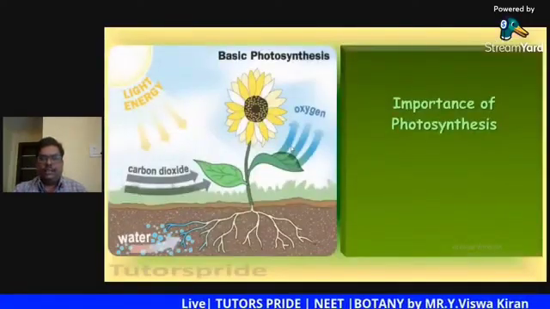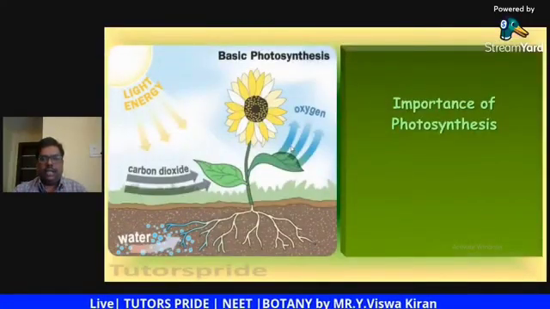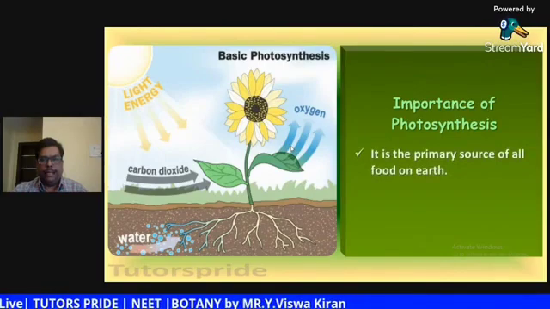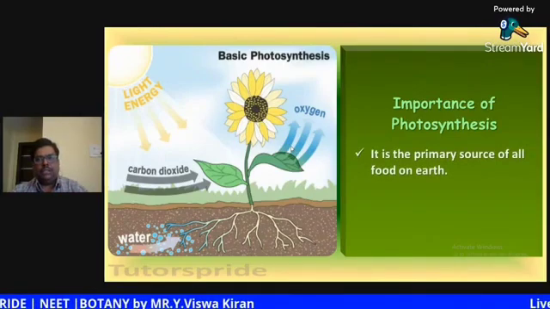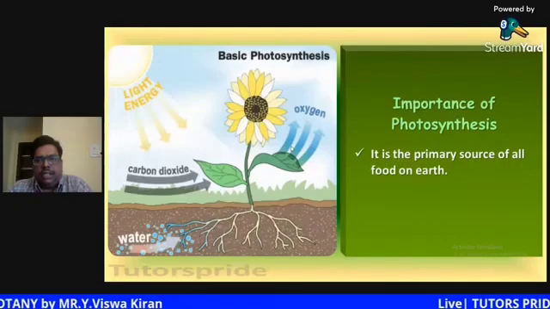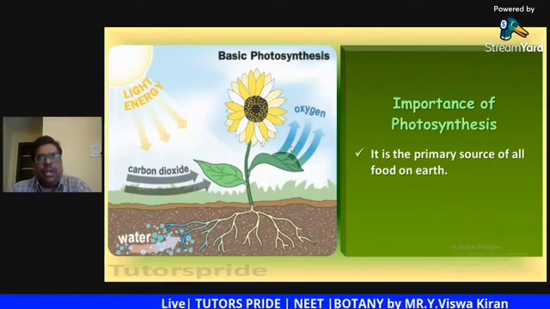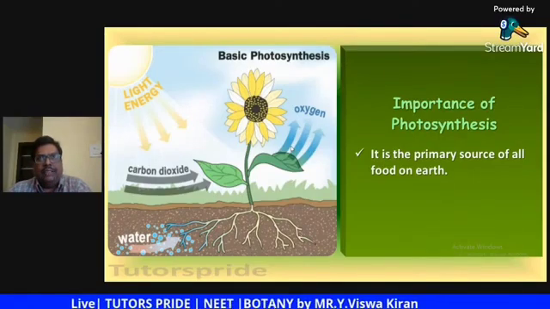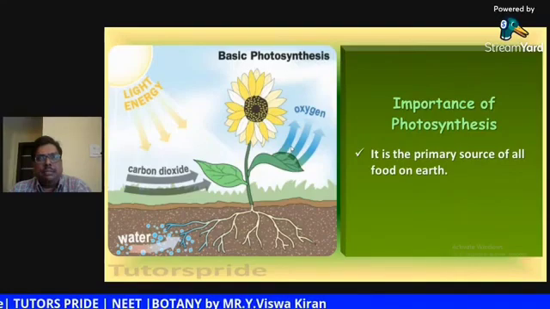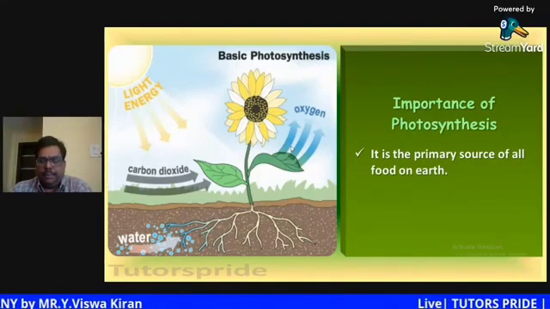So what is the importance of photosynthesis? How is it helpful? It is the primary source of all the food on this earth, because somebody has to tap the solar energy. Somebody should have the capability of assimilating the carbon dioxide. So that is done by the green plants.